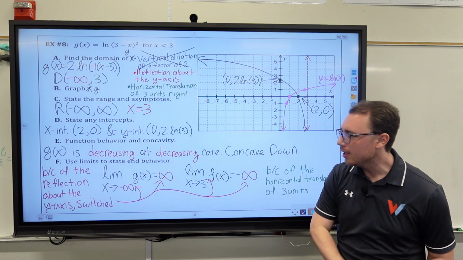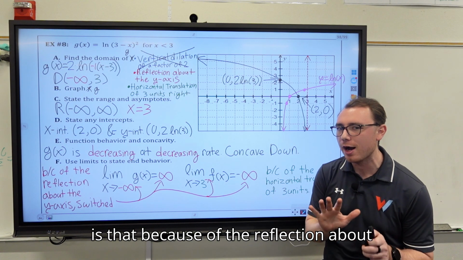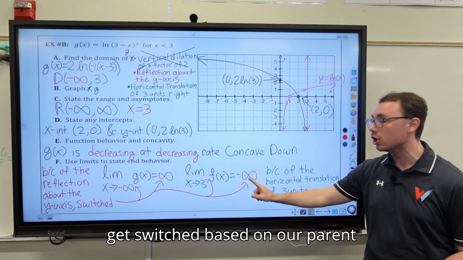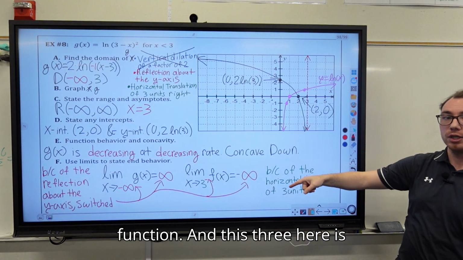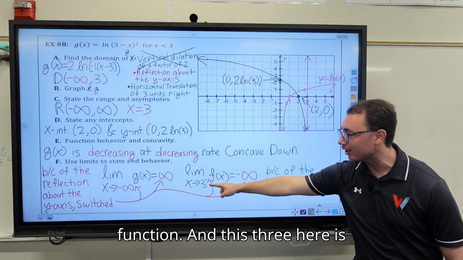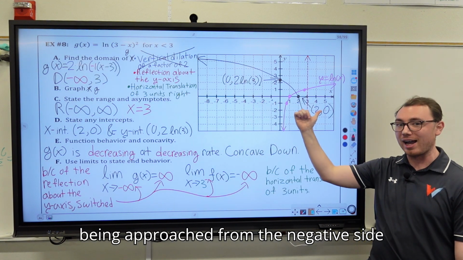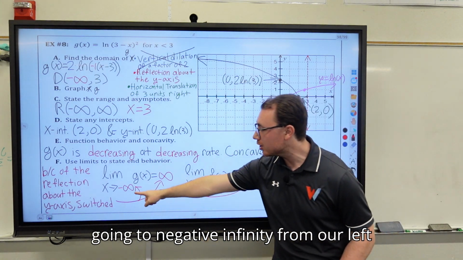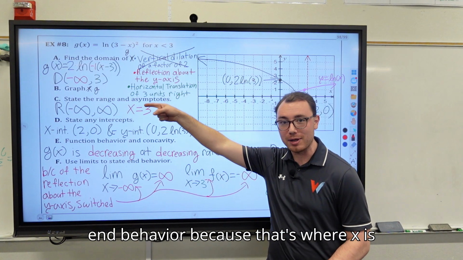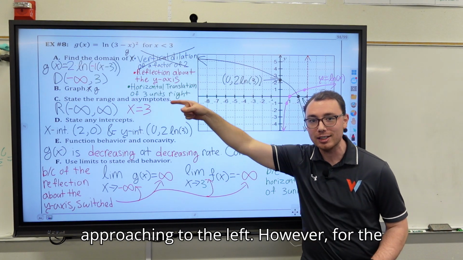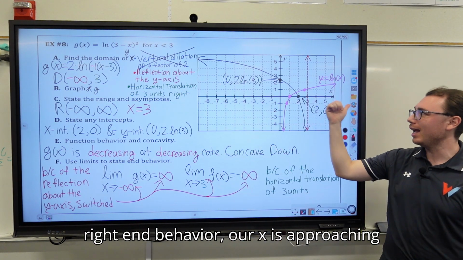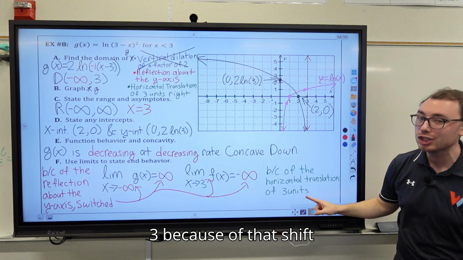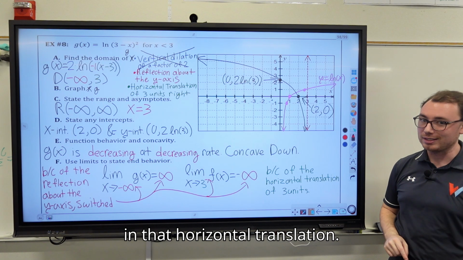What's really happening is that because of the reflection about the y-axis, these two things here get switched based on our parent function. And this 3 here is being approached from the negative side because we're coming from the negative side from that reflection. And we're going to negative infinity from our left-end behavior because that's where x is approaching to the left. However, for the right-end behavior, our x is approaching 3 because of that horizontal translation.